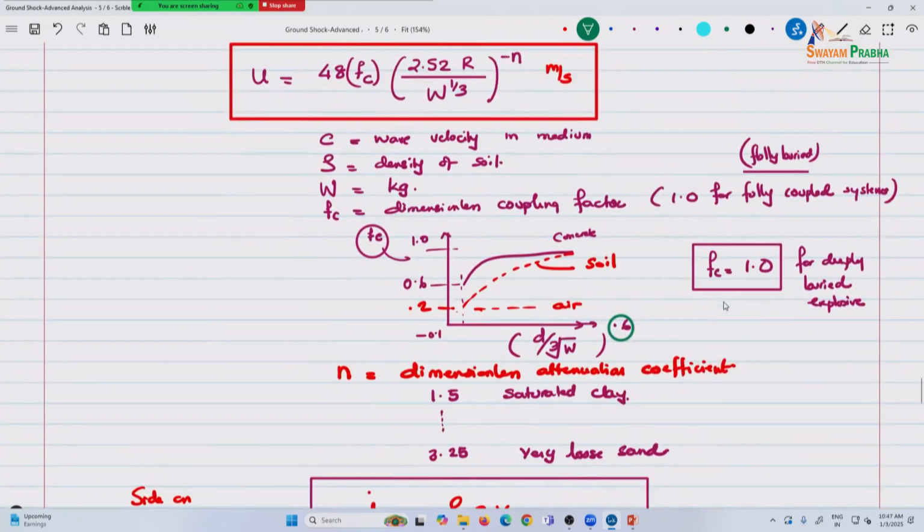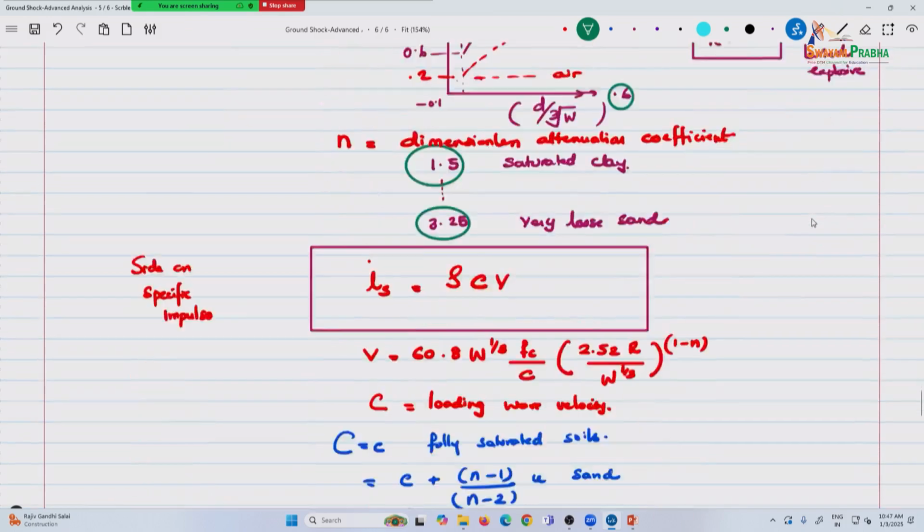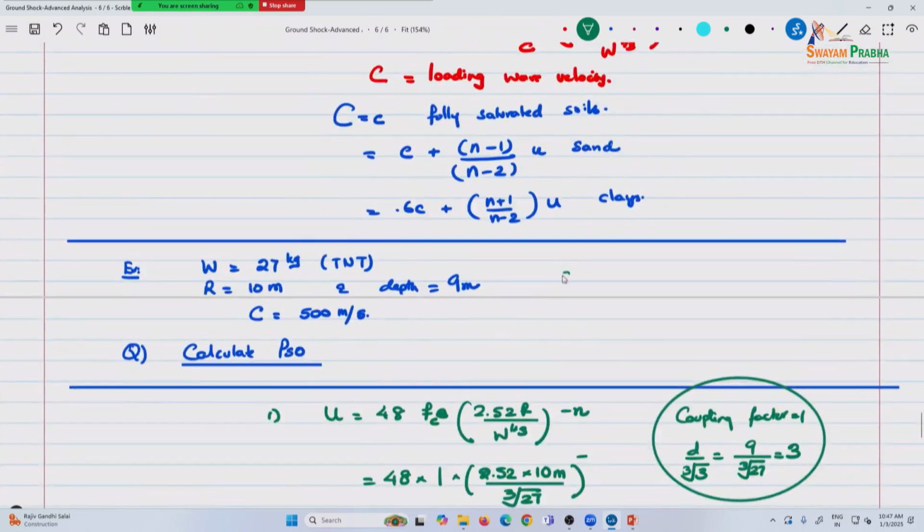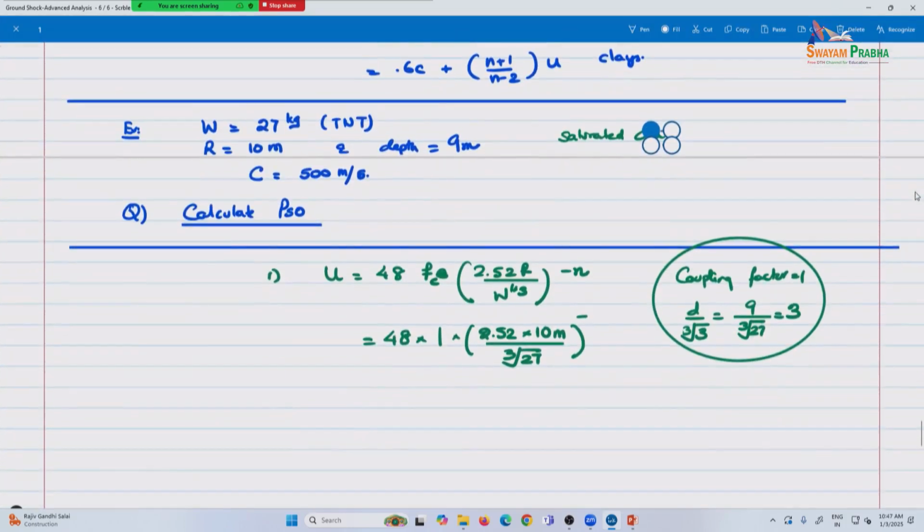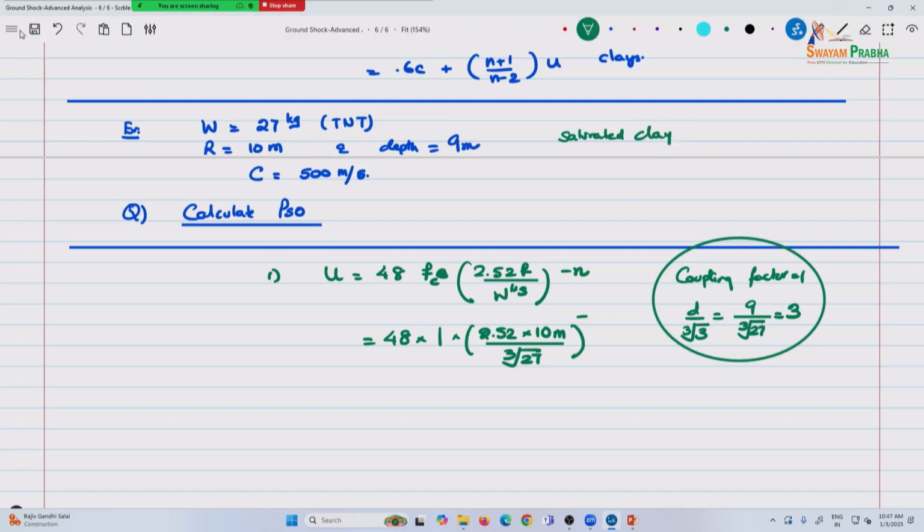We talked about 1.5 to 3.25. If it is saturated clay, I have taken it for this type of soil. So with minus 1.5, this comes to 2 meters.